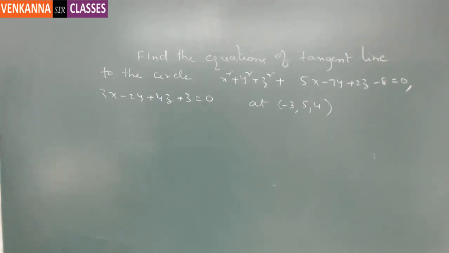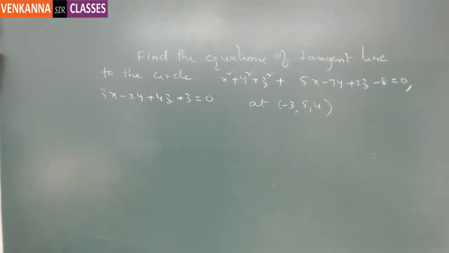Now, just visualize the problem and try to draw a picture. Then we discuss how to find the equation of tangent line. It is very easy to calculate, but one should have visualization so that it will be done very easily. So first of all, how can we get a line? A line is nothing but the intersection of two planes.